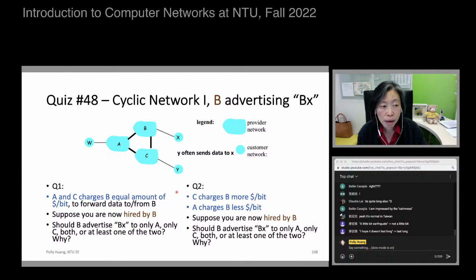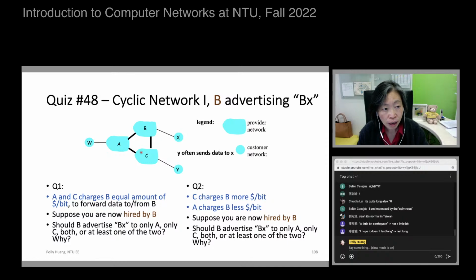Okay. Now, Q1 asks if A and C charge B. So B is actually a smaller ISP. Usually a newcomer needs to pay all the old-timers, bigger ISPs, to get access, to connect to the internet.